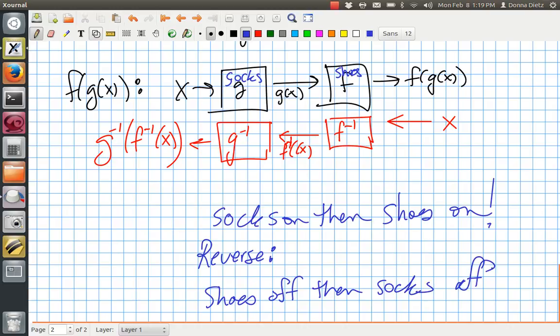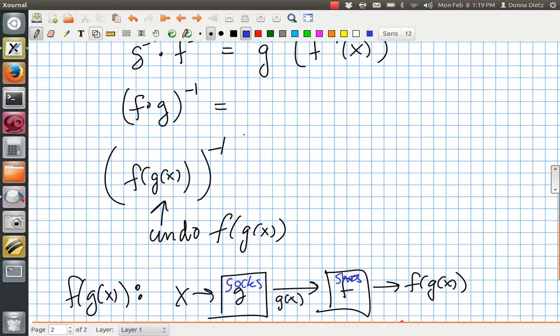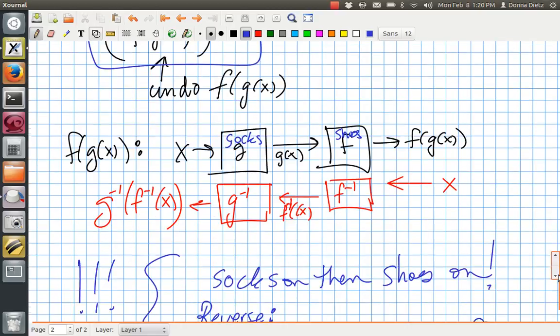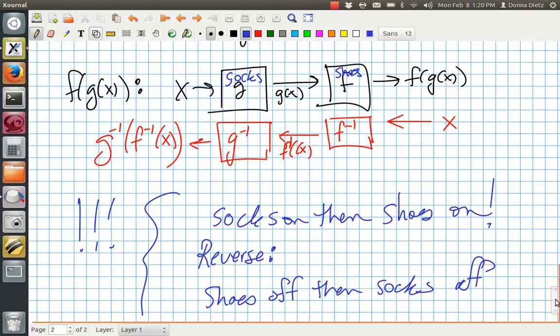If you remember this, then you won't forget the order when you do the inverse function. Sorry, I said that backwards. Put your socks on, then you put your shoes on. When you take them off, you've got to take your shoes off first and then your socks off. It's exactly the same concept. There you go.